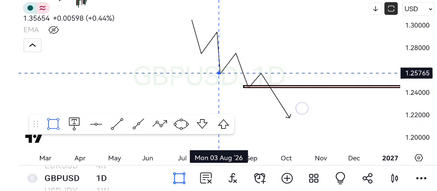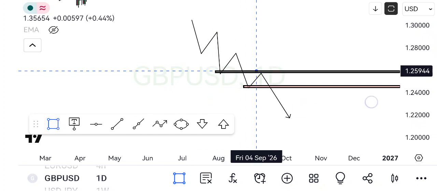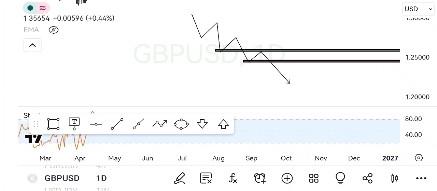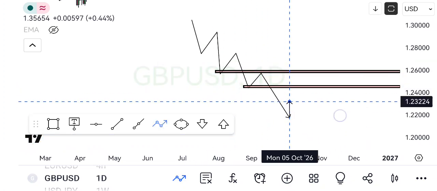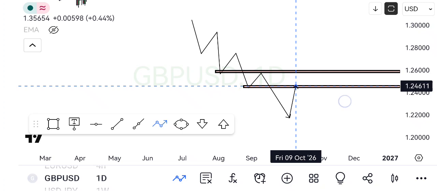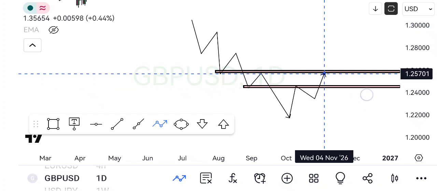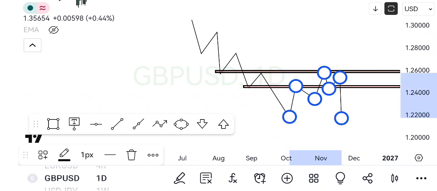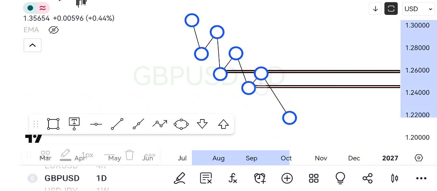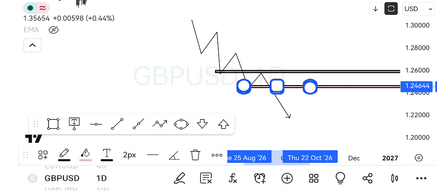This is another resistance area right here. So I have to simply wait for the price to come to one of these areas, either this one or this one, so that I can sell. The price did just that on the daily time frame.